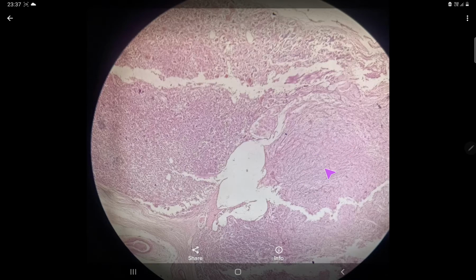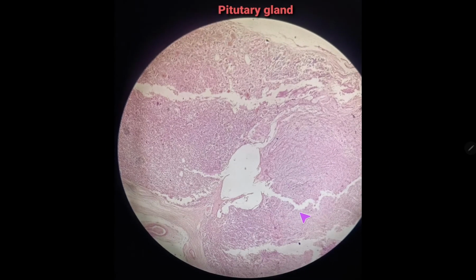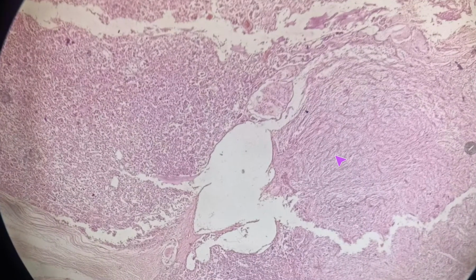Now coming to this posterior part of pituitary, that is called neurohypophysis or pars posterior. It is made up of unmyelinated nerve fibers. Here you can see various unmyelinated nerve fibers, and their cell bodies are located in the supraoptic nuclei of hypothalamus.